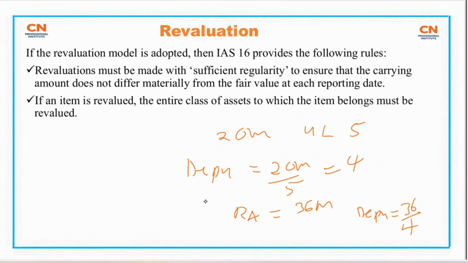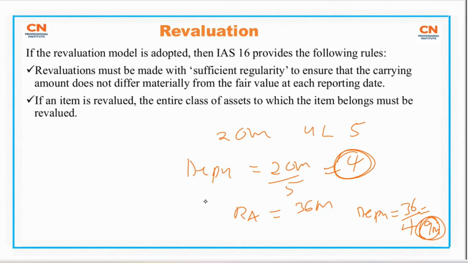It was 5 years, you charged depreciation once, so it will be 4 years. If you divide 36 by 4, what will be the new depreciation? I'm getting 9 million. So get the difference. Without revaluation, depreciation was only 4 million. With revaluation upward, it has now moved to 9 million.